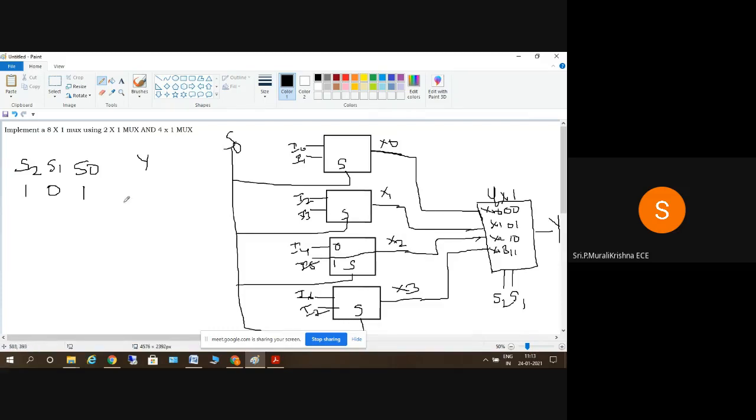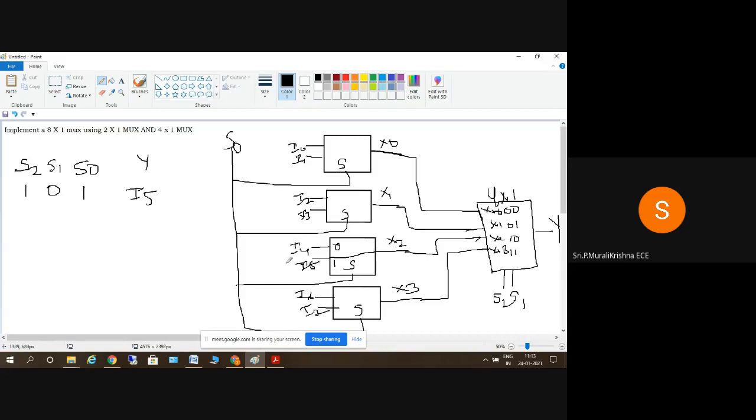So now the value of Y will be equal to I5. Clear? Yes, sir. The values of the selection lines decide which input is given as the output. So in general, if S2, S1, S0 is 1 0 1, then I5 should be the output.